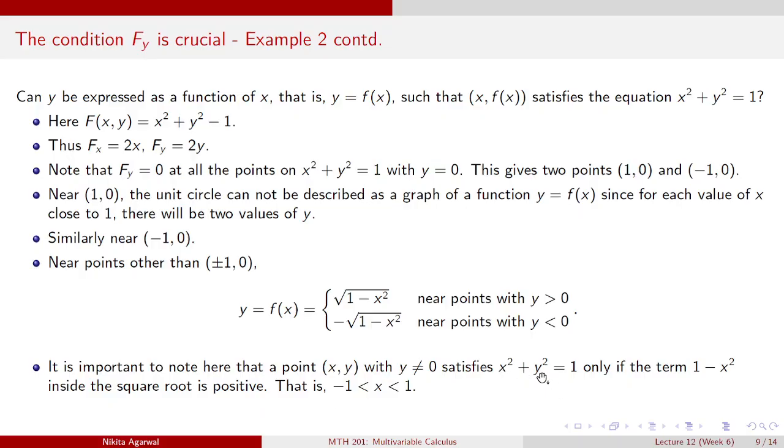Because if y is non-zero, then 1 minus x square should be greater than 0. Alternately, if you bring x square on the right, you get y square equal to 1 minus x square. Because y square is positive, 1 minus x square should be positive.